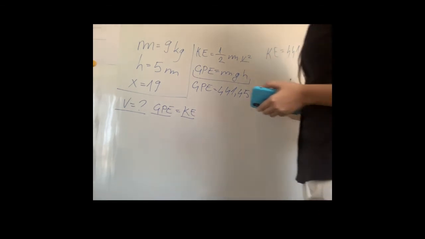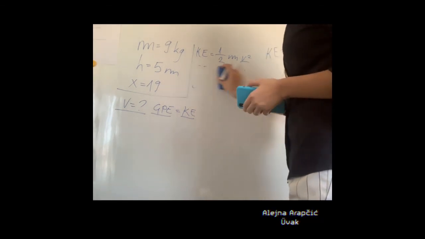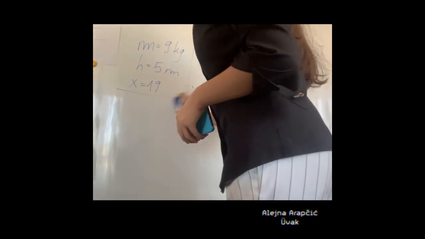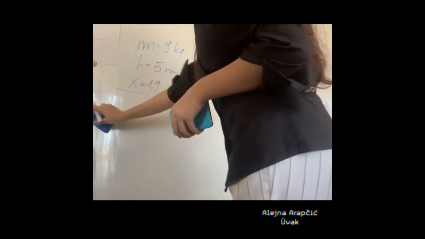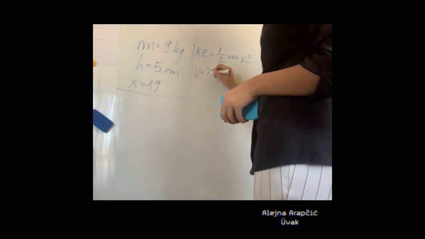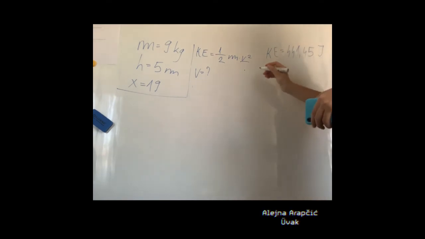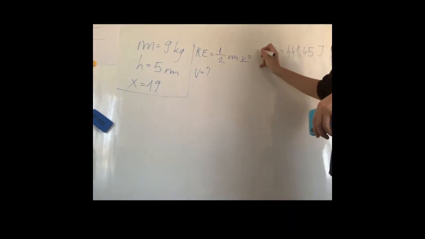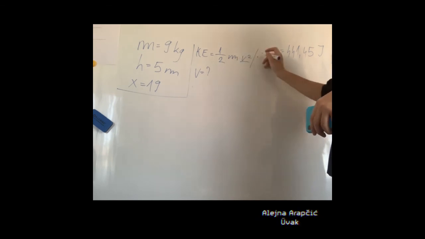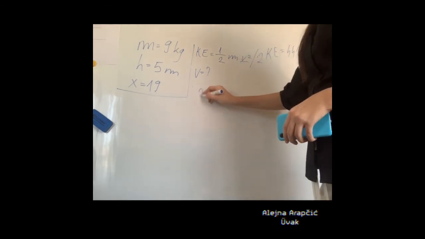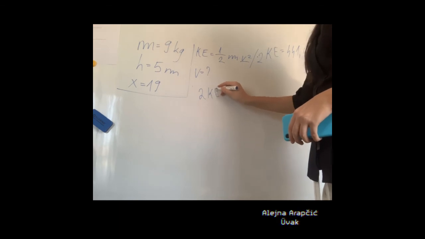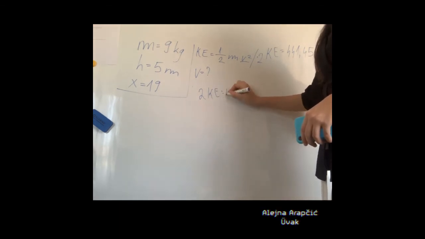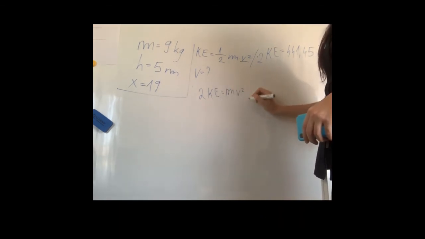How are we going to do that? So I'm going to quickly erase this. So the first thing that we're going to do is multiply the whole equation by 2. So 2 times kinetic energy is equal to m times v squared.